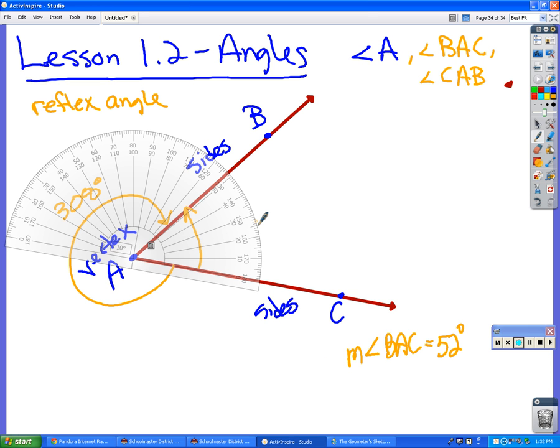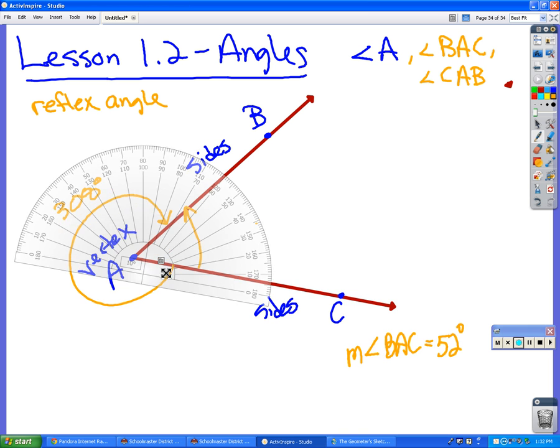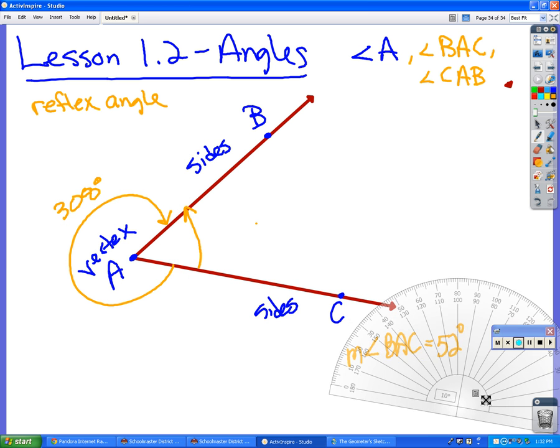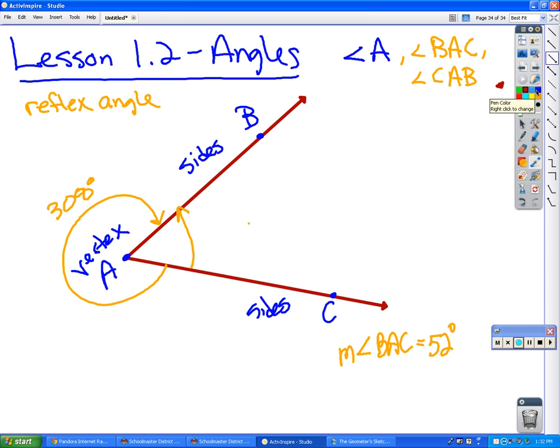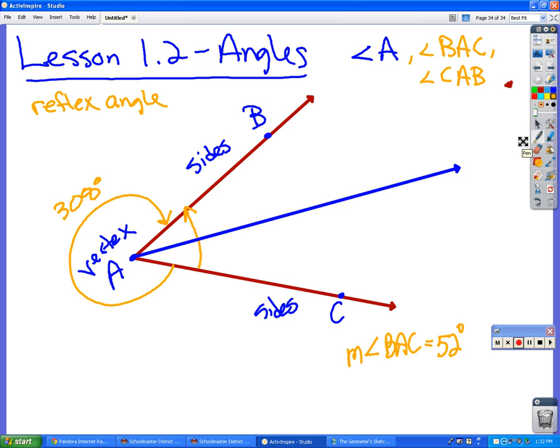So I'm going to put a little dot right here where the 26 is. Then I'm going to move that tool away, and then connect the vertex through that dot right there. Now I have bisected that angle and cut it into two equal pieces.